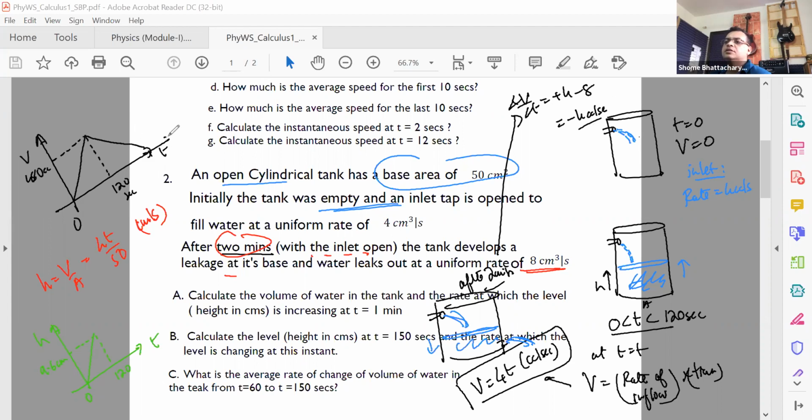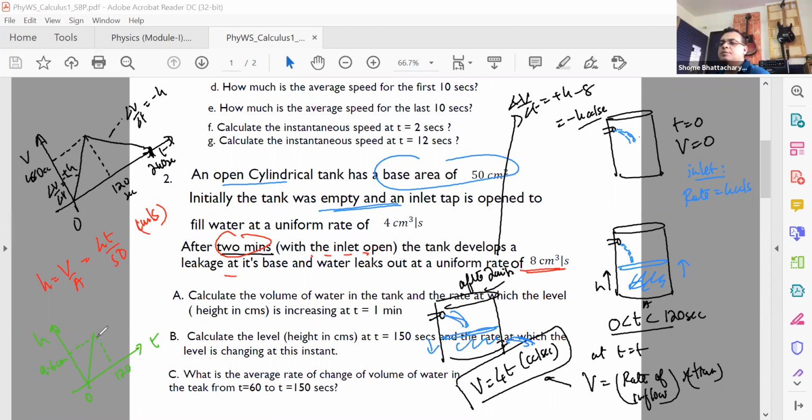So again, in this graph at 240 seconds, the volume will become 0, because here the rate of change is -4 and here the rate of change was +4. Understood? Yes, sir.